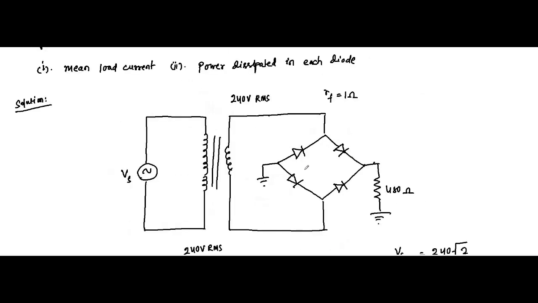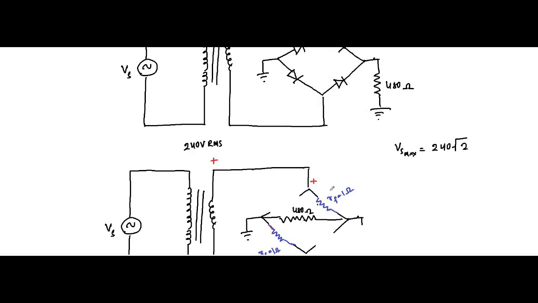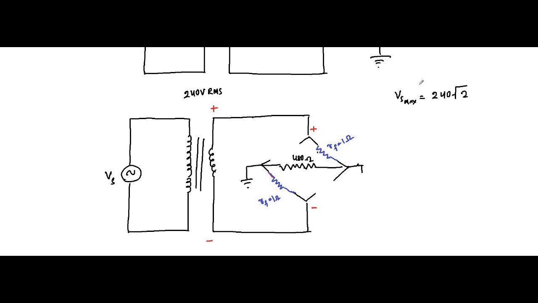Now we have been asked to find the mean load current. For that we have to determine first the maximum load current. IL max is equal to Vs max by 2 RF plus RL, the total resistance.